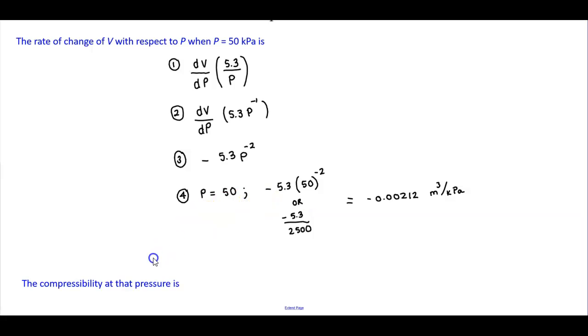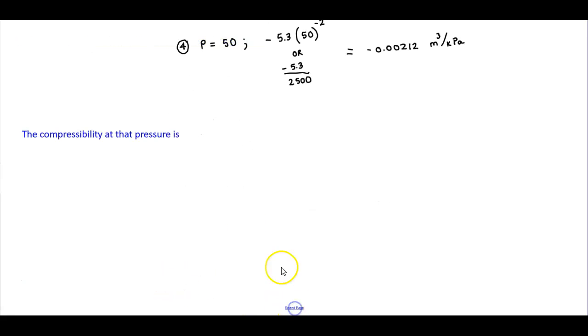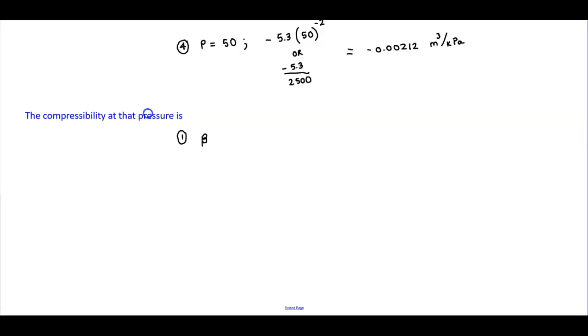Now what we want to do is find the compressibility at that pressure. So we're going to have to use that formula that we have. The compressibility is given by that formula for beta, and that formula for beta is -1 over V times the derivative with respect to P. Okay, so what do we know?